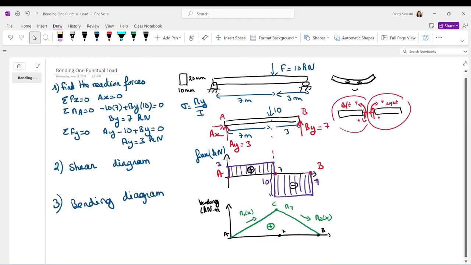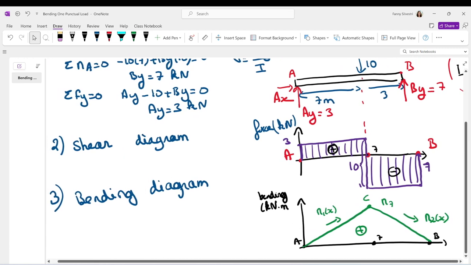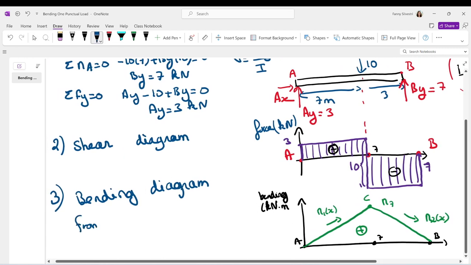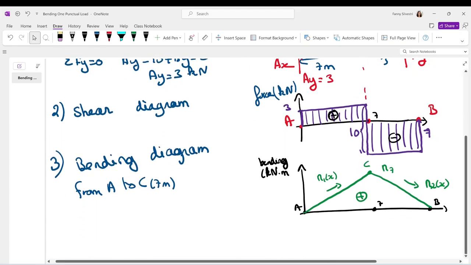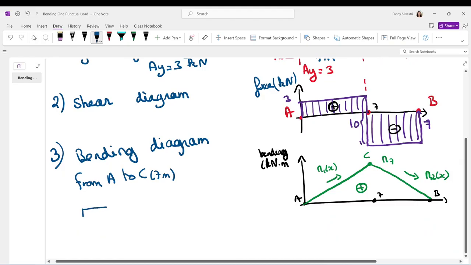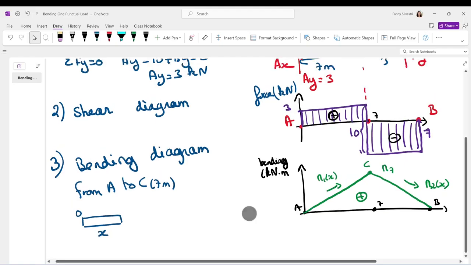Oops, this is coming. I told you there is a lot of steps. So bending moment, we will start to find the equation from A to C. C is at 7 meters, in our case. So we cut the beam at a distance x that is between 0 and 7, anywhere between 0 and 7.